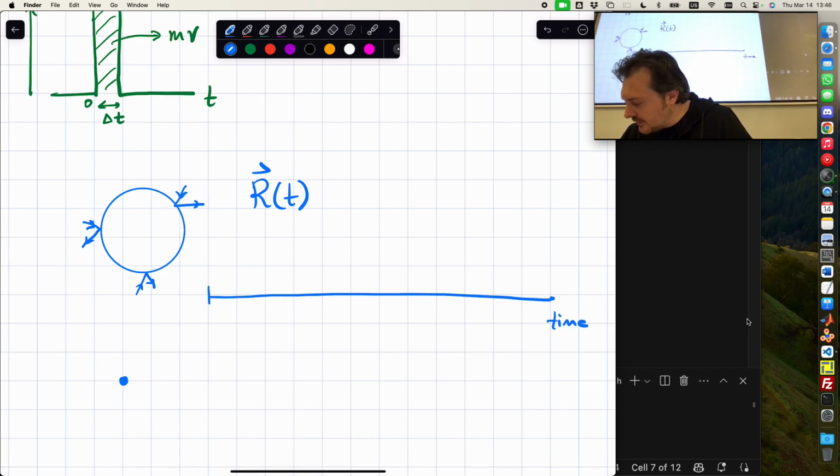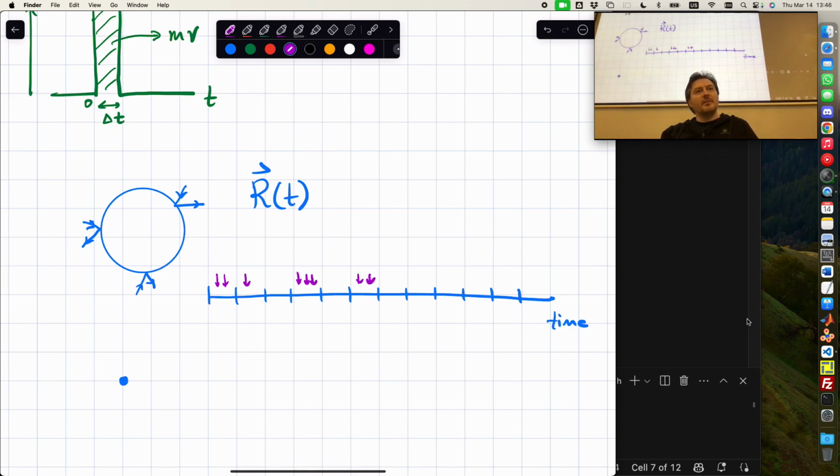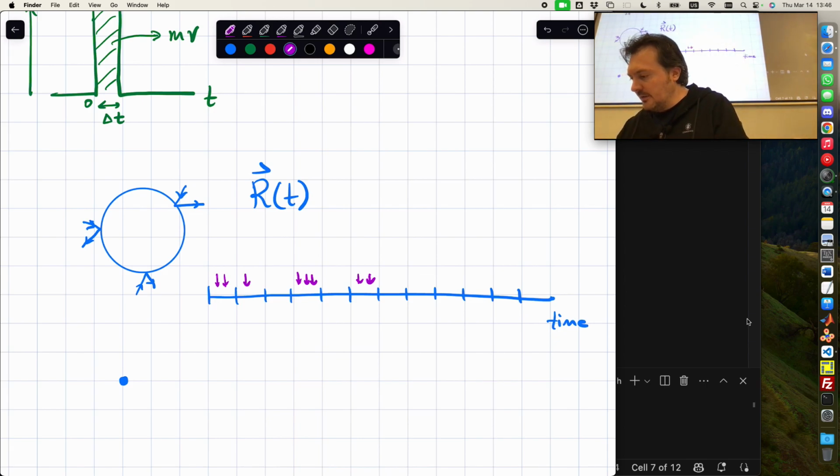Let's say we discretize time like this. And the kicks are happening inside these times. Does it make sense? So what we are modeling is actually the effect of all the kicks.